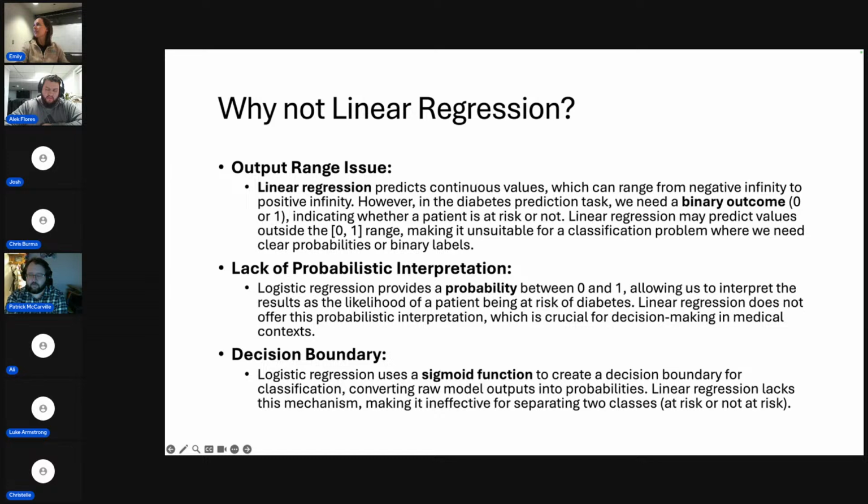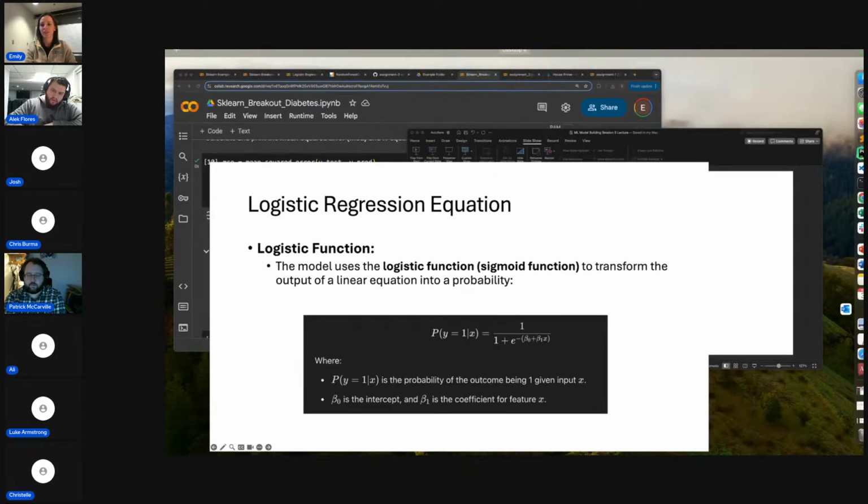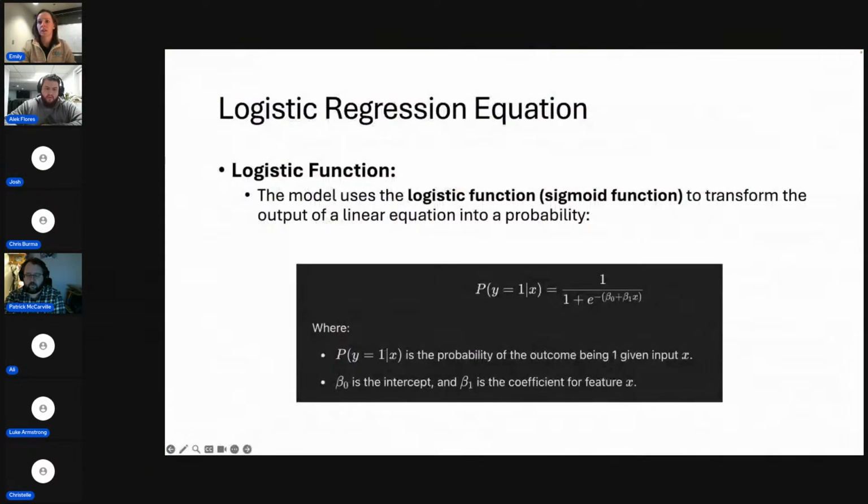I hope I've motivated this enough. Let's look at the formula. This part I find very interesting because here we are going to take a linear regression formula. We're going to do something fancy to it, and then it becomes logistic regression.